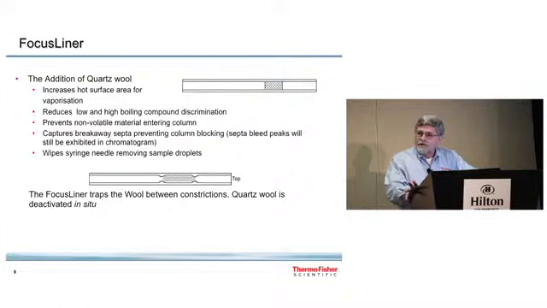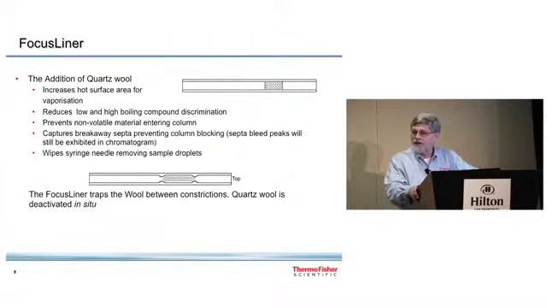Also, there are packed liners. We have two different kinds: the ones that come already packed, or the kind that you can pack yourself with the wool. We have a double restriction liner. I don't know about you, but sometimes I forget what kind of liner I have in my instrument.